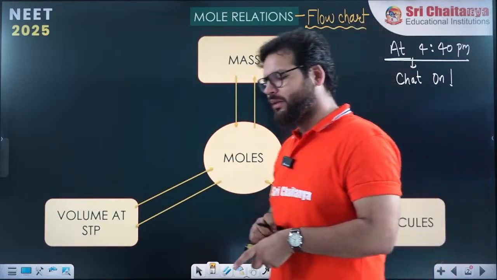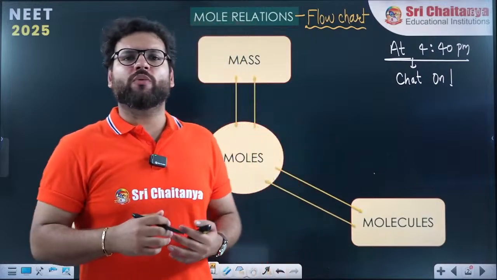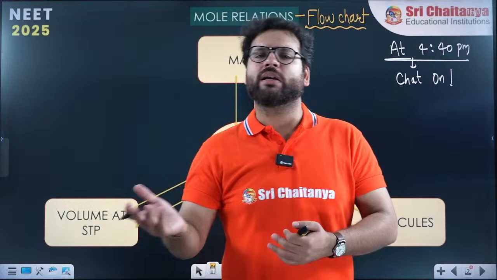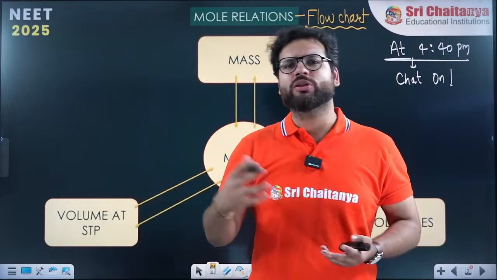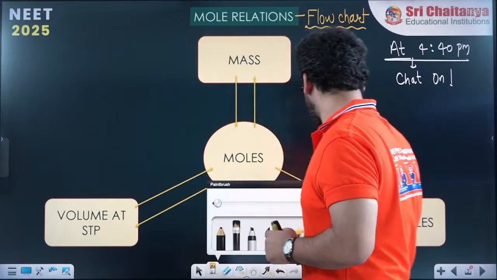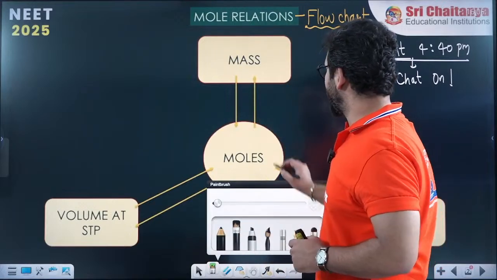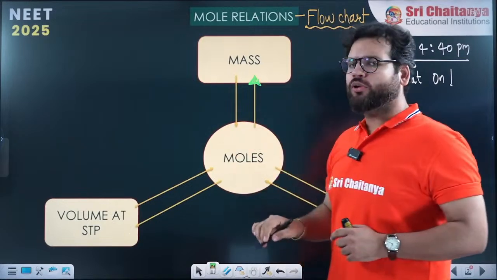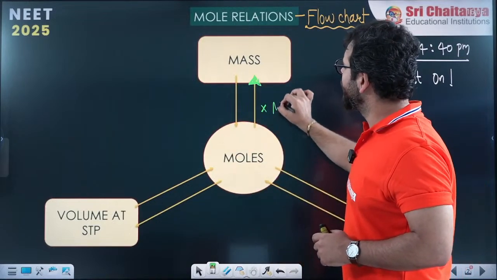How to go? Just remember, whenever you want to convert moles into anything, moles to mass, moles to volume, moles to molecules, always multiply. So you can see here, when I want to go from moles to mass, I will multiply by molar mass.